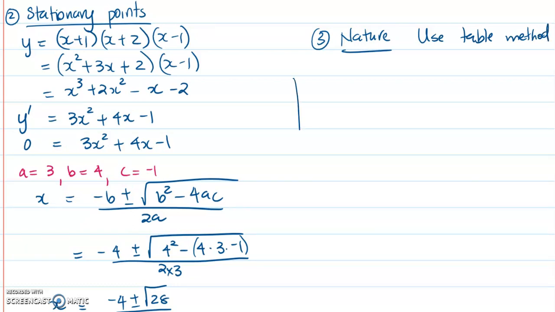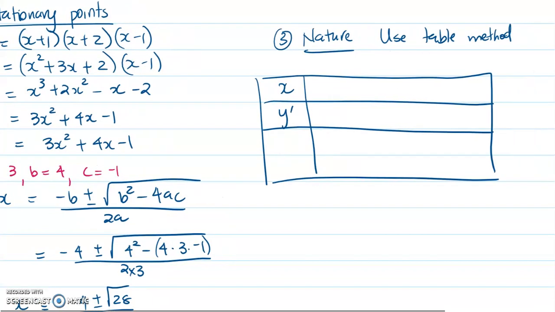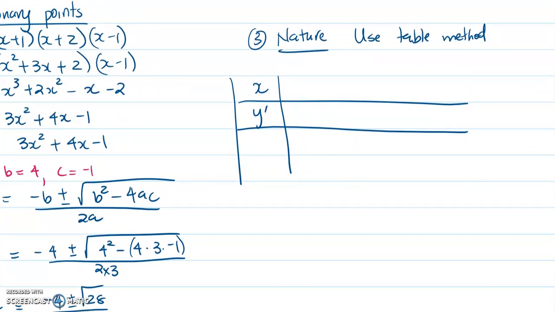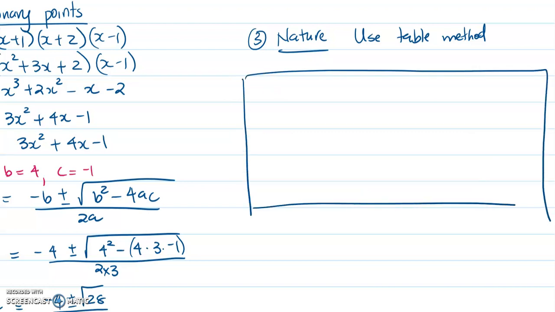So if I use the table method, x, that's y dash. So all we're doing is subbing into the derivative formula. Let's make this a bigger table so that we have enough space.